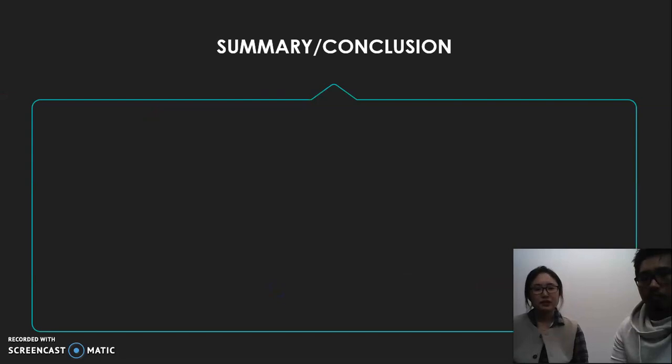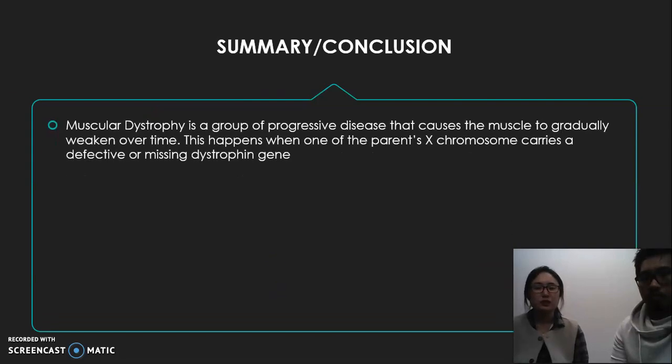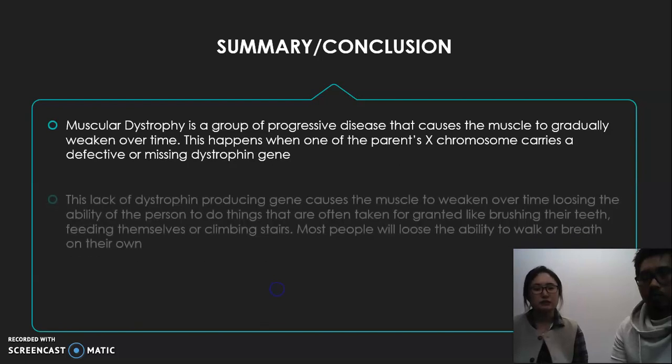So summary and conclusion. Muscular dystrophy is a group of progressive diseases that cause the muscles to gradually weaken over time. This happens when one of the parents' X chromosome carries a defective or missing dystrophin gene.